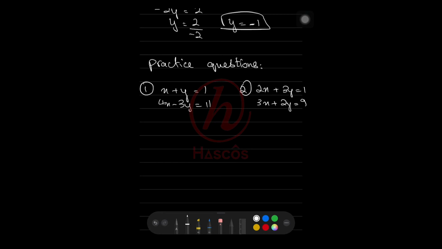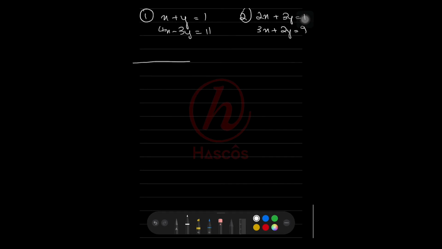Now we attempt these two questions, and when you're done with them, check the answers and your working with your teacher. When you're done solving them, we come to the substitution method.